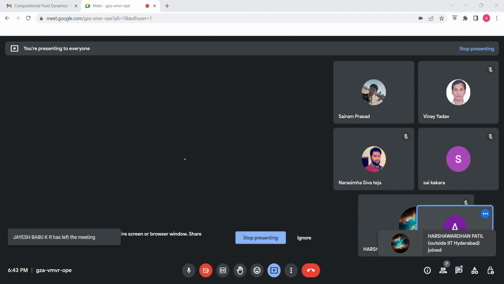So when we are using this equation, we know that when we write the Navier-Stokes equations and cancel all the other terms, we'll get dou square w by dou x square.